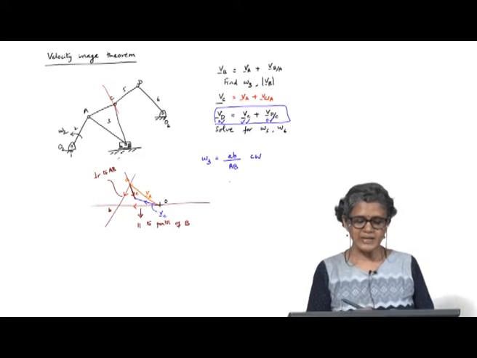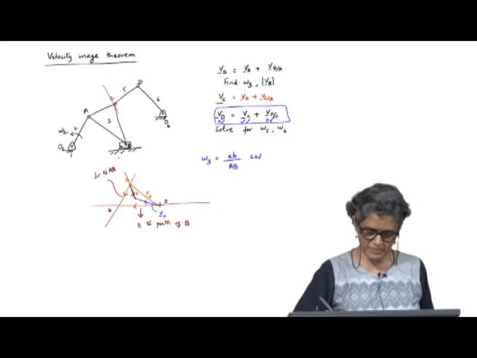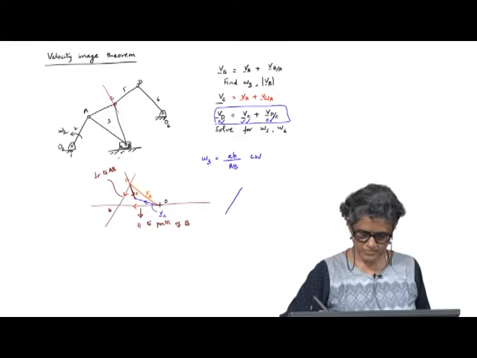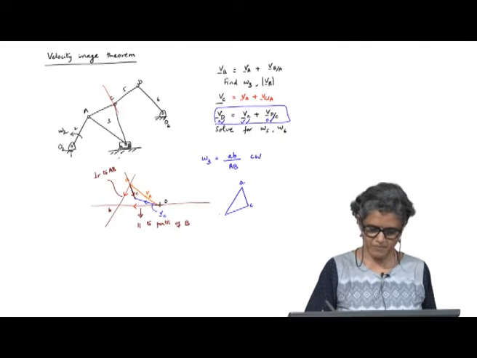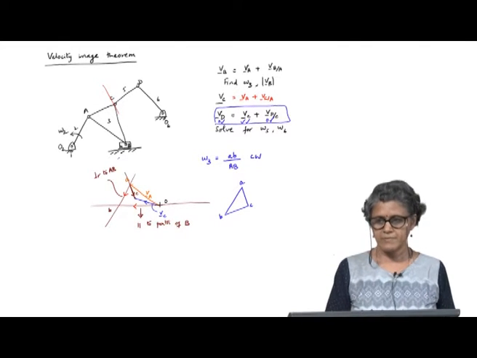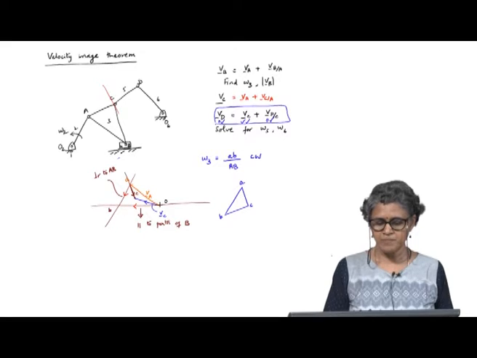Now, look at the triangle small ABC in the velocity diagram. I have A, okay.